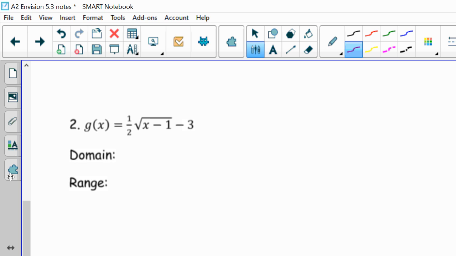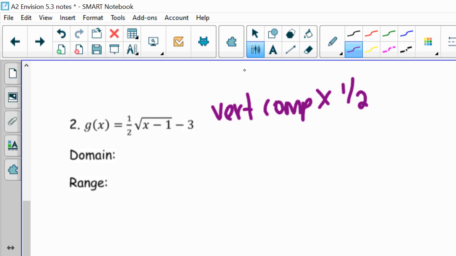So again, that 1/2, this time we see it's going to be a vertical compression by 1/2, minus 1, so we're going right 1, minus 3, we're going down 3.